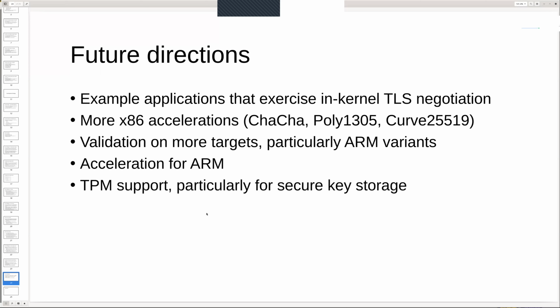So all of the SHA algorithms, SHA-2, SHA-3, Shake, all the ECC curves, all of the AES modes, those are all fully supported with AES-NI and AVX accelerations in kernel mode. So you get essentially the same performance in kernel as you get in user mode for those, but that's currently only on x86. So the exciting development for the future is bringing in the corresponding accelerations for ARM.